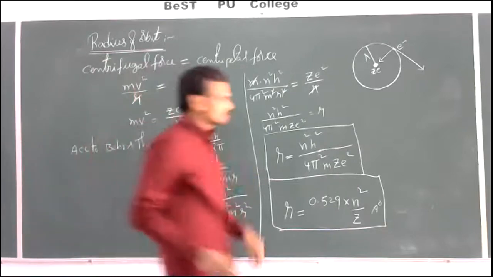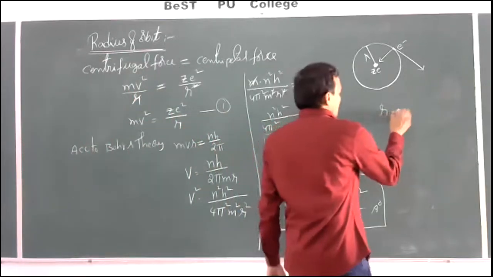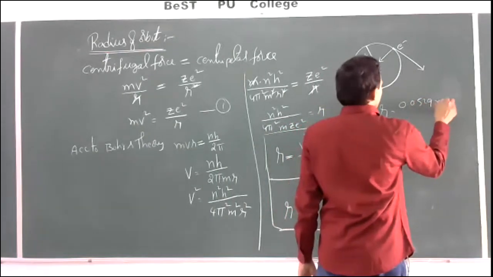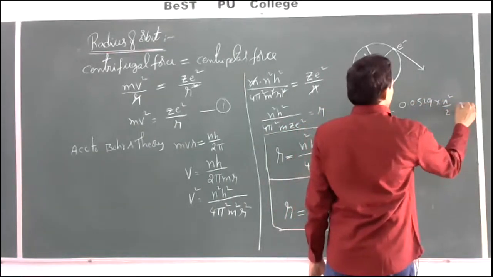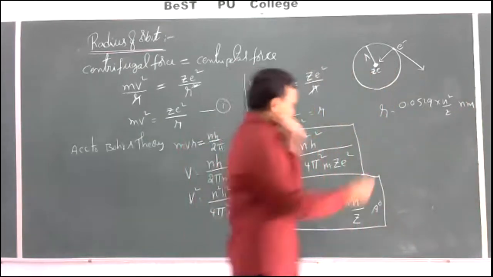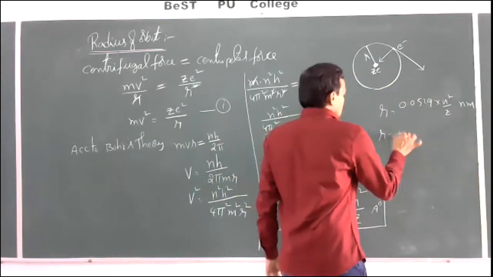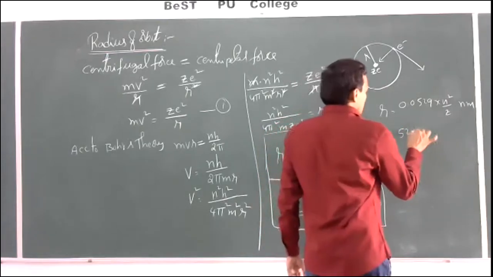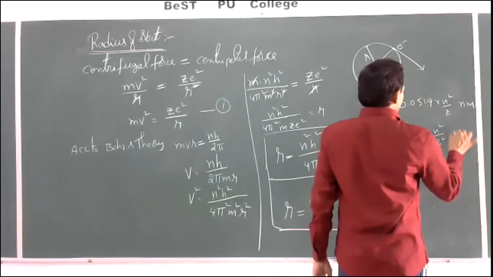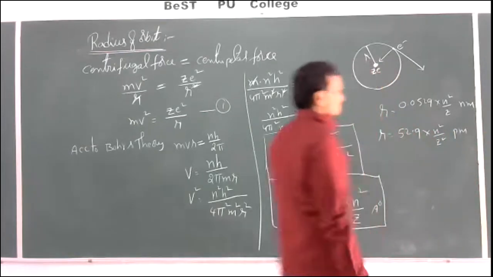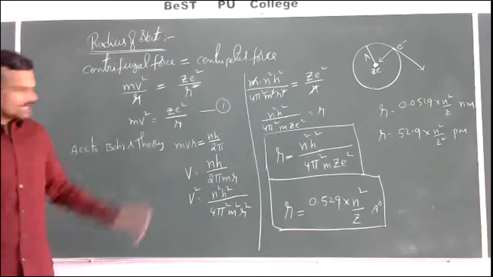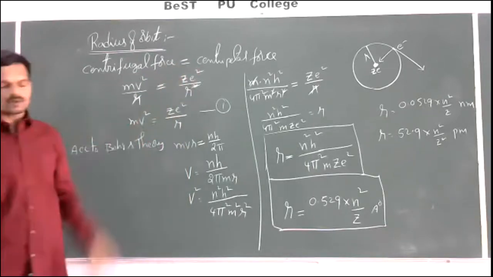Then R is equal to 0.0529 into n square by Z nanometers. Otherwise, R is equal to 52.9 into n square by Z picometers.